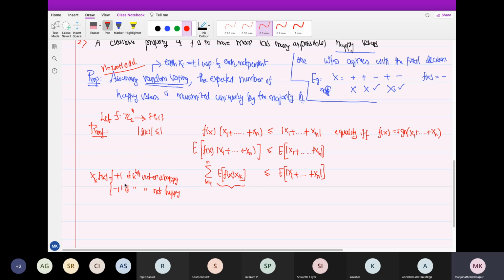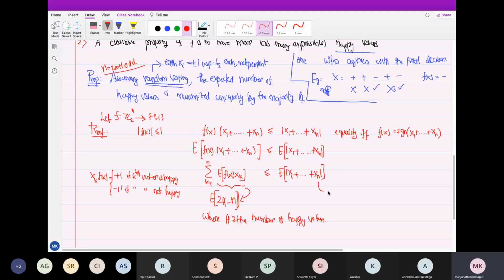So instead of 0, 1, it is this. So this is actually the expectation of 2h minus n, where h is the number of happy voters. So it's proportional to 2 times the expected number of happy voters minus n, that's all. So that is less than or equal to this.